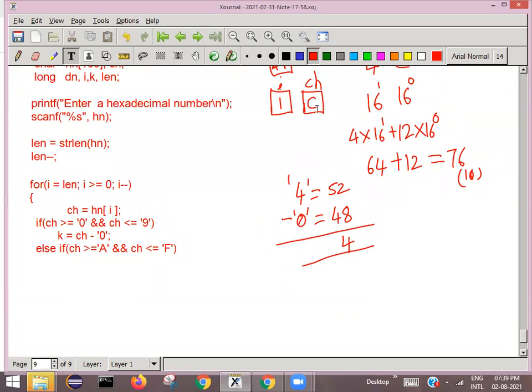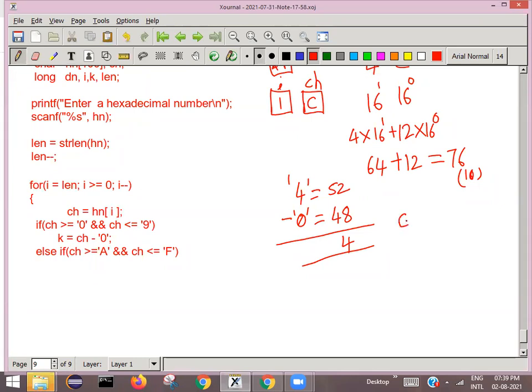But this C has to be converted into the number 12. How can we do that? I got the character C. That means internally how is it stored? Character C means 65 is capital A, 66, 67. That means internally it is stored as 67.